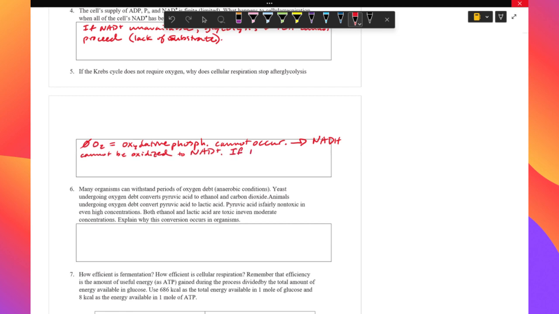And as we mentioned, if no NAD+, pyruvate cannot convert to acetyl coenzyme A, which is required for the Krebs cycle, for TCA cycle.